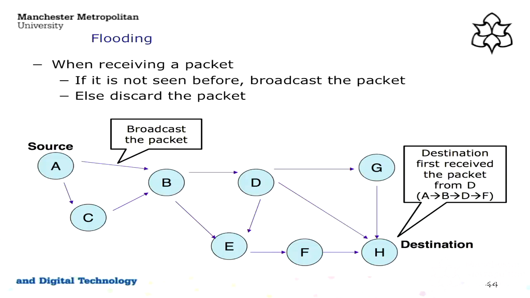And eventually you'll get there, even through flooding, and the destination can track over, you can ask that packet, where did you come from? Which nodes did you go through to get there? So in that case, it might say, I went through A to B to D and then to F. That can't be right for that. But it can remember its route.